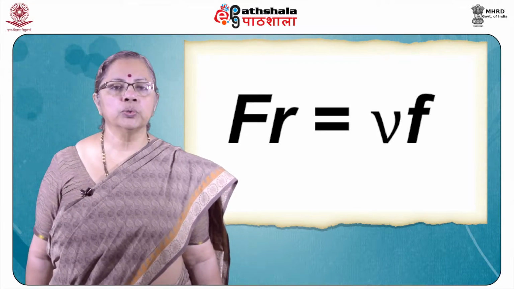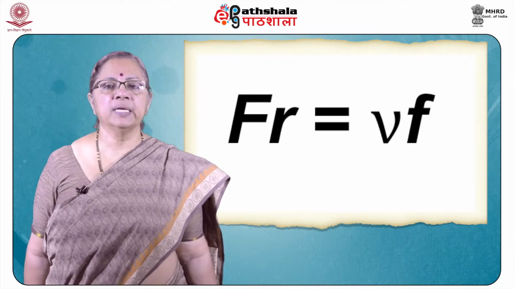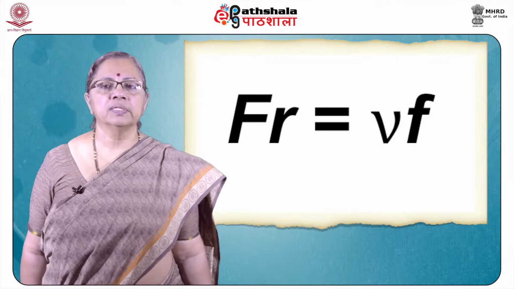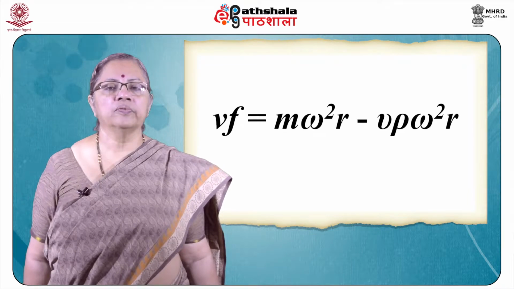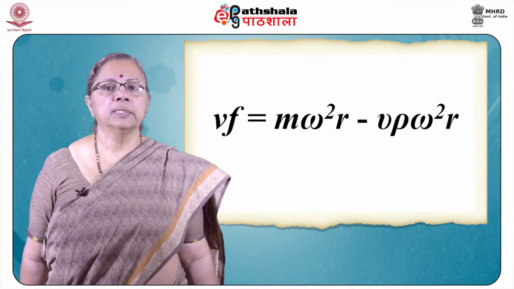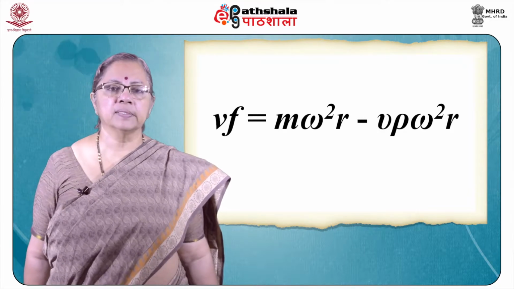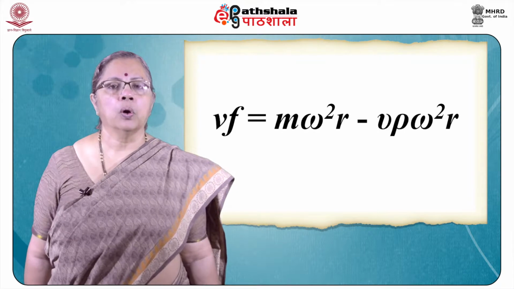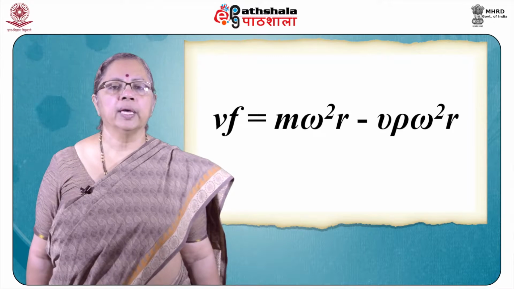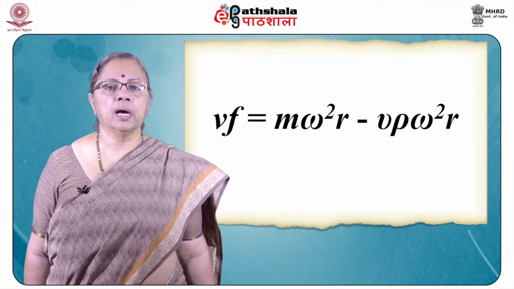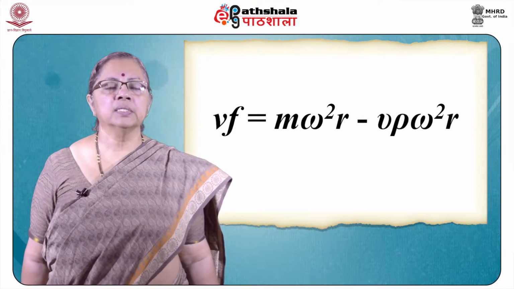V is equal to dr by dt, or the rate of sedimentation, and F is the frictional coefficient. Under the influence of the centrifugal force, the macromolecule accelerates till it is just balanced by the frictional force, or Vf is equal to m omega square r minus nu rho omega square r.